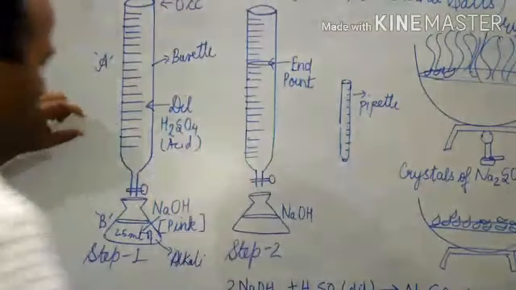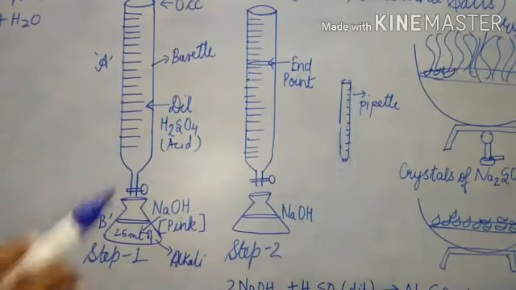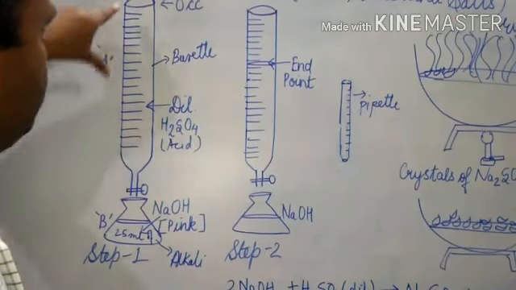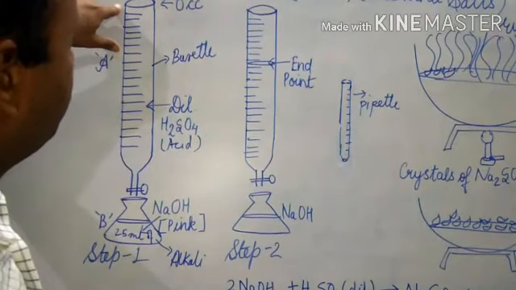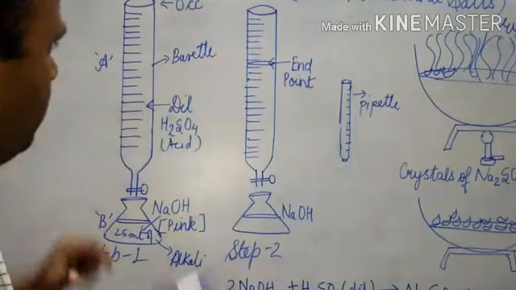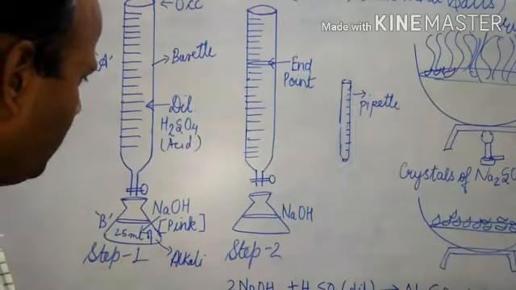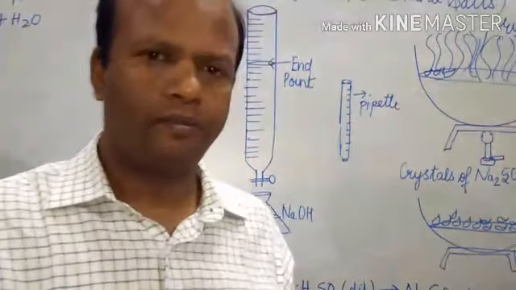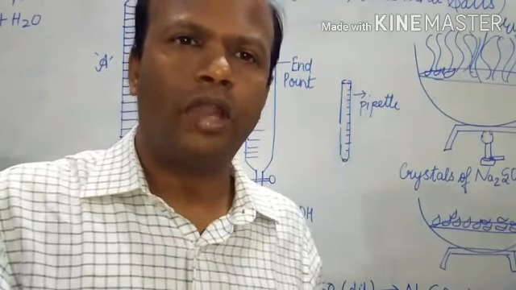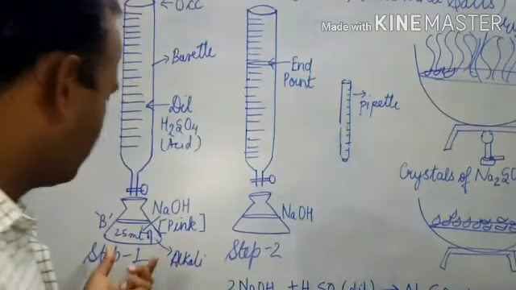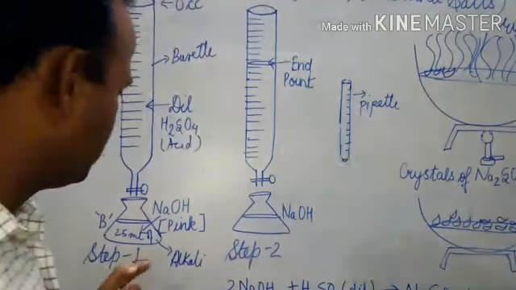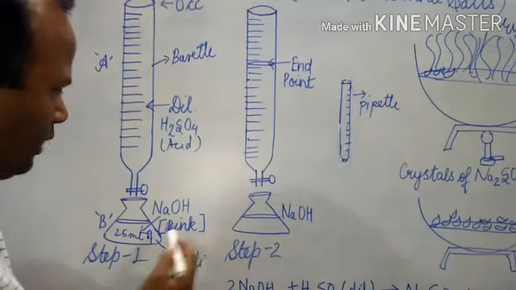Now here, first step, we have taken acid and filled the burette up to 0 cc, right? Now through this pipette we suck the alkali, that is the soluble base, a known amount, that is 25 ml of NaOH.